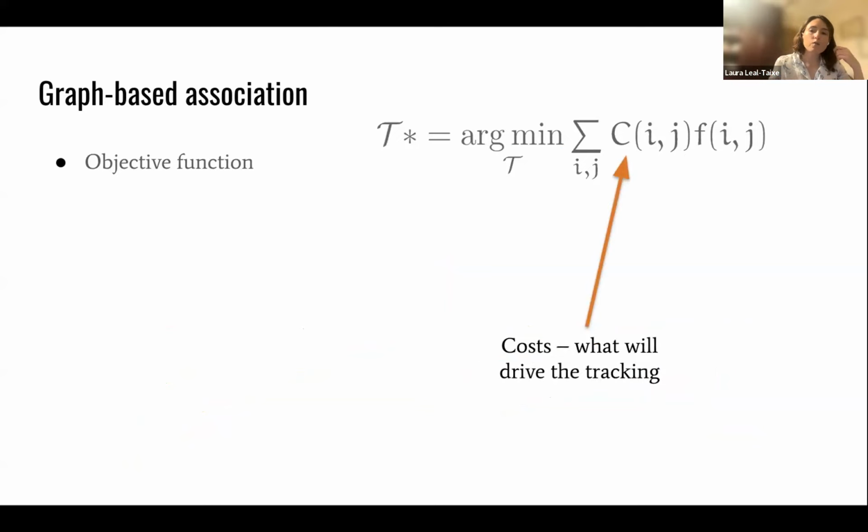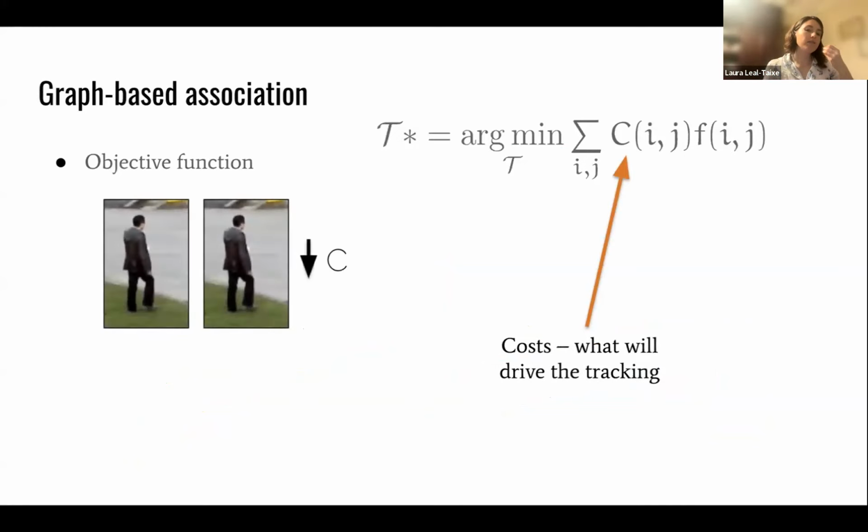Remember that we have in front of us a minimization problem, which means that if two detections belong to the same person, I want the edge between these two detections to be active. I want this trajectory to be created. So, since this is a minimization problem, I'm going to assign a very, very low cost to the edge connecting these two detections.